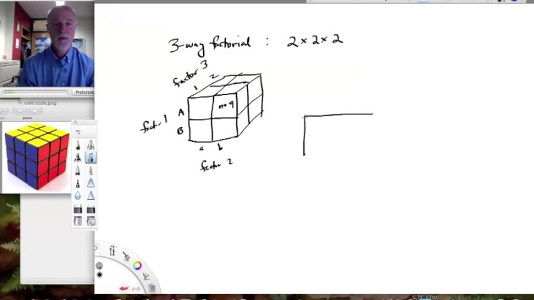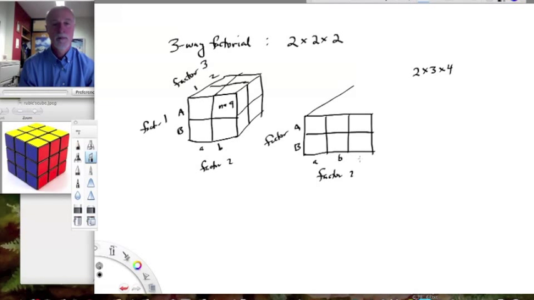Okay, so for example, let's make this a 2x3x4 factorial. So we're going to draw factor 1 here, having 2 divisions, A and B. We're going to have factor 2 have 3 divisions, 1, 2, 3, and factor 3 having 4 divisions.